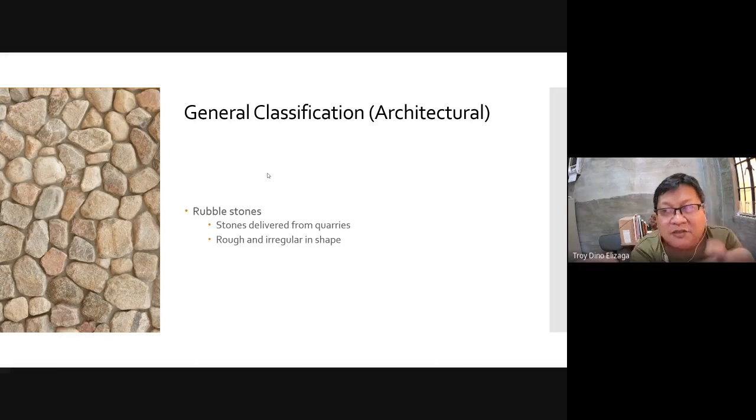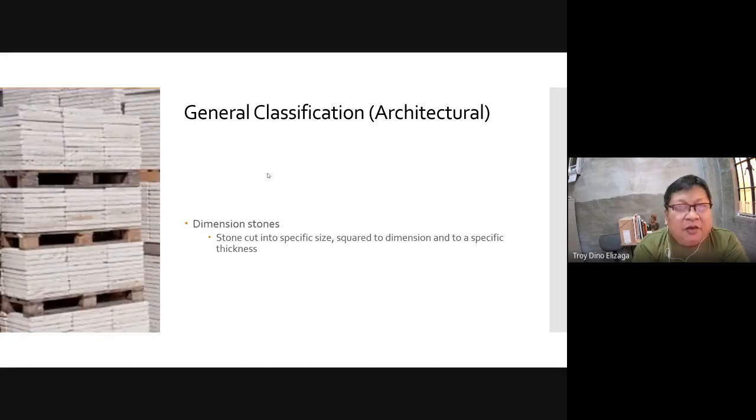You just get the stone as it is, and sometimes you choose what fits where, so that you get a better sealed wall. And then you can also cut the stones into specific dimensions, and we call them dimension stones.